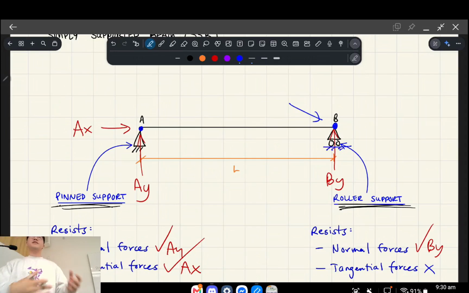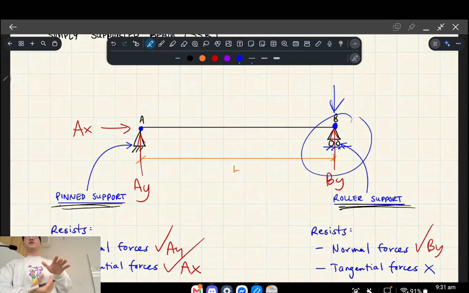Since it's frictionless, it doesn't produce a reaction. It doesn't react in any way. Whereas if I push down on it, it will push back. Does that make sense? So if I'm pushing on this table, it pushes back onto me, and that produces the reaction. And so a roller only produces the vertical or the normal force reaction, not the tangential one.